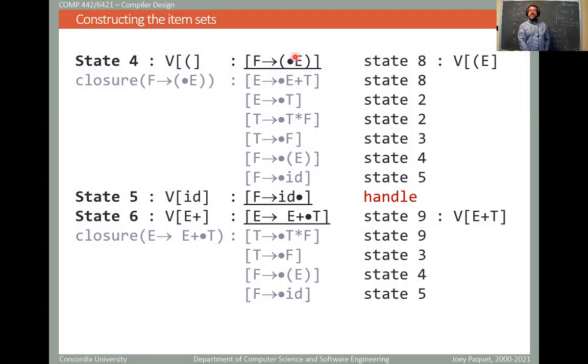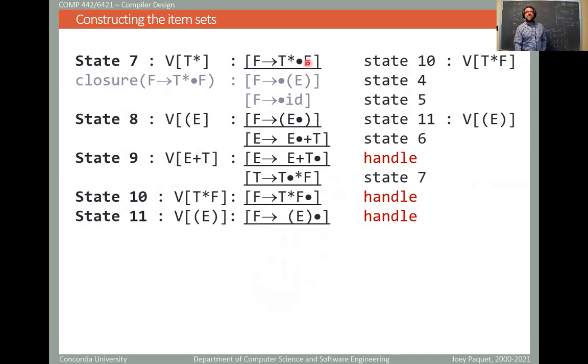So then my state number 8 was found here. State number 8 is V of open parenthesis E. So these two items become the starting items of my state 8 after the dot has been moved after the E in both of these items.